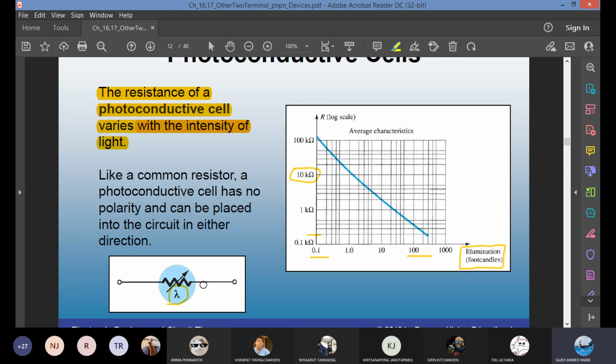The polarity of the photoresistor does not matter in the circuit. You know, with some devices, like a cylindrical capacitor, there's a fixed side for plus polarity and a fixed side for minus polarity. But for the photoconductive cell, just like a resistor, you can put it either way; the polarity should not matter.